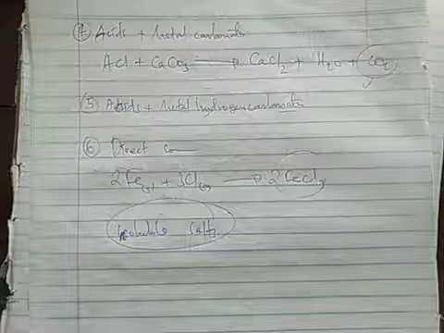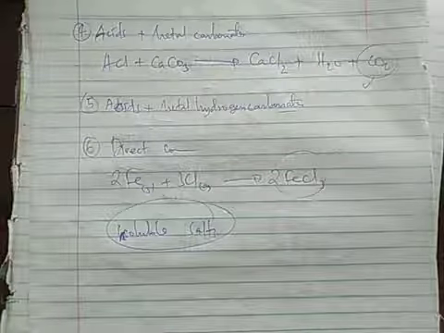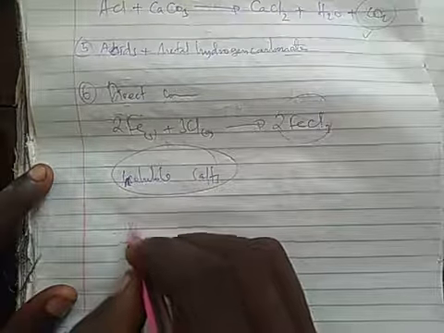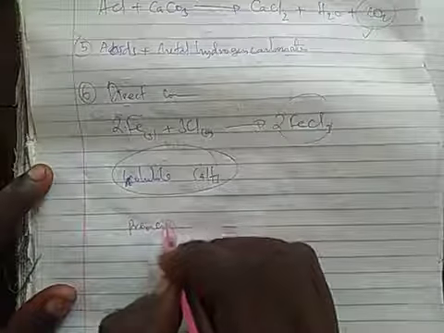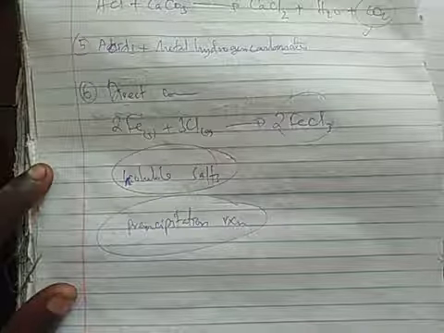Instead they are precipitated by reacting solutions containing the correct ions. This method is called ionic preparation or double decomposition. In short, insoluble salts are prepared by precipitation reactions. If you remember the precipitation reaction we discussed in chemical equations, that is what is used to prepare insoluble salts. There are various insoluble salts which you will find when you read Oxford. Let's end here, see you in the next session.